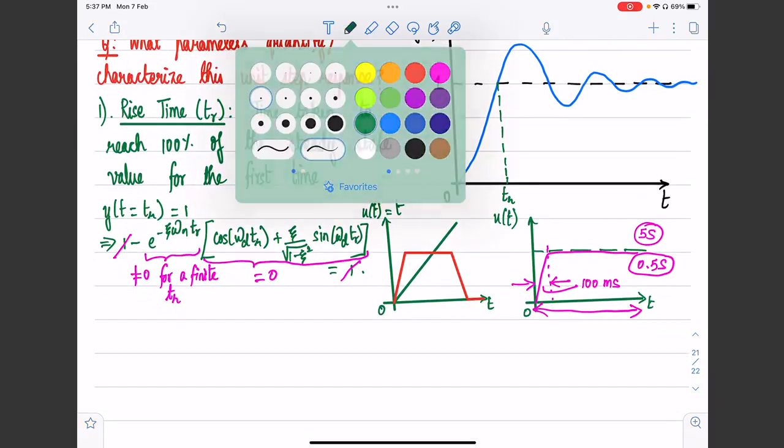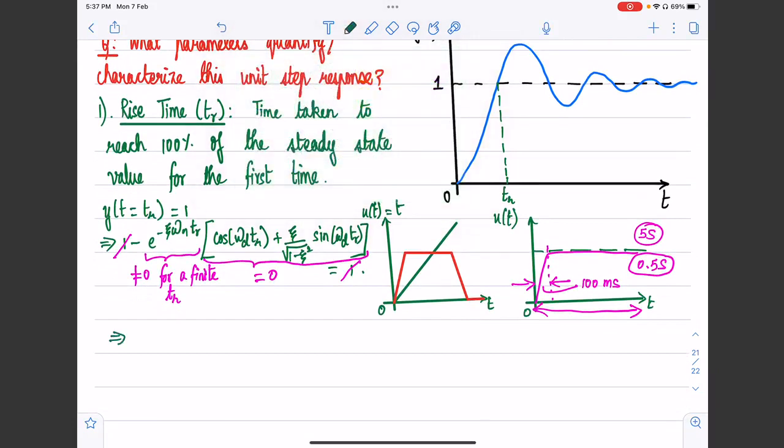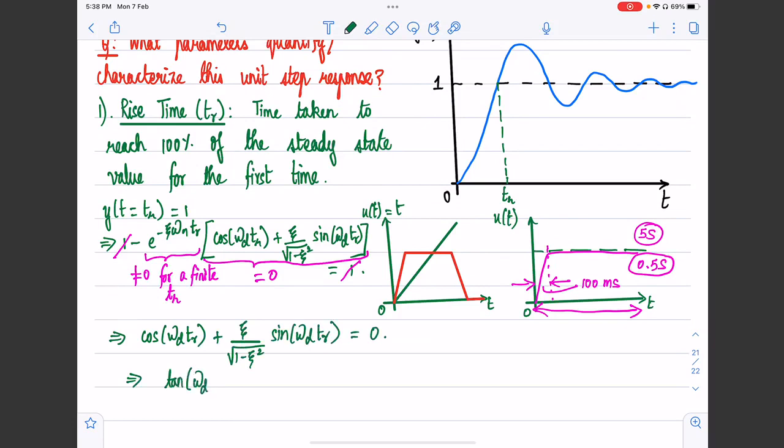Once we have this, we just simplify. This will give us cos omega d tr plus zeta divided by square root of 1 minus zeta square sine omega d tr, and that's going to be equal to 0. Simplifying, I get tan omega d tr equal to minus square root of 1 minus zeta square by zeta.